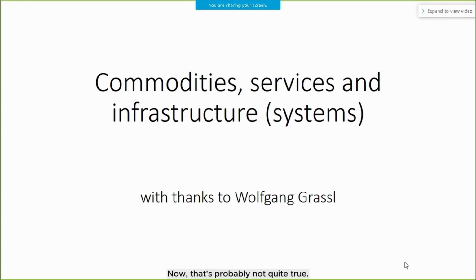Now, that's probably not quite true. Some of them will still function. For instance, even if you switch off your car, the exterior membrane is still protecting the car from the environment. So it's still exercising its function. But that's a very special case of functions which are realized always, fences and skin and membranes generally.